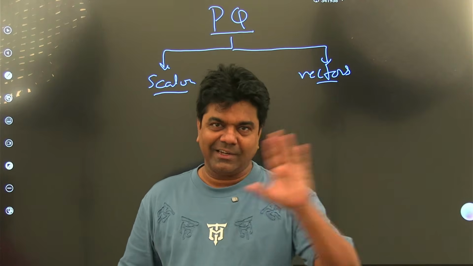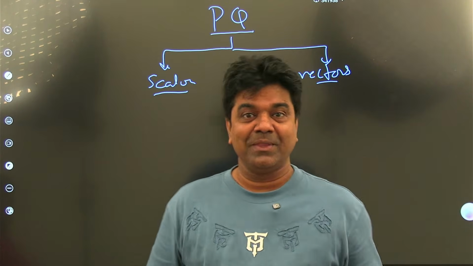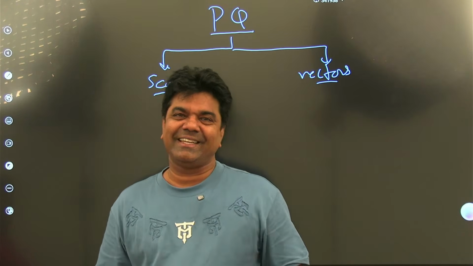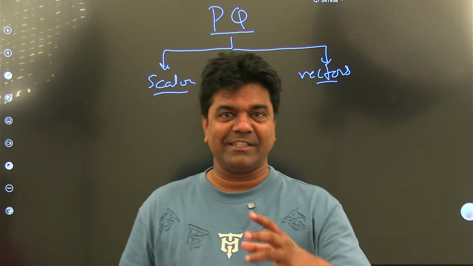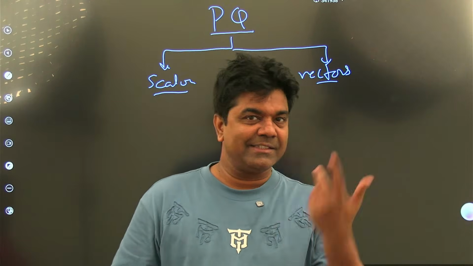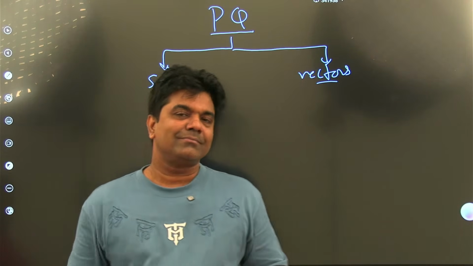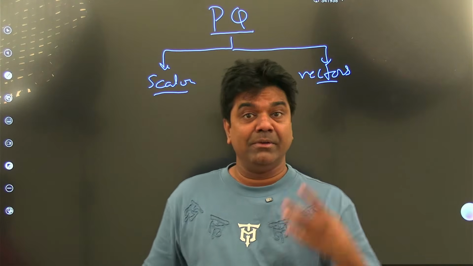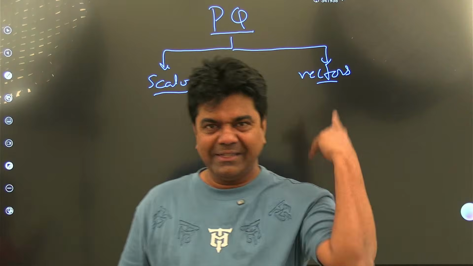So let's not talk about it for now, but we'll do another session on that for people to understand exactly what the reason is we take the vectors and scalars division. So sometimes people may feel like the pressure is a vector because it acts in a direction. So we'll come to that point.